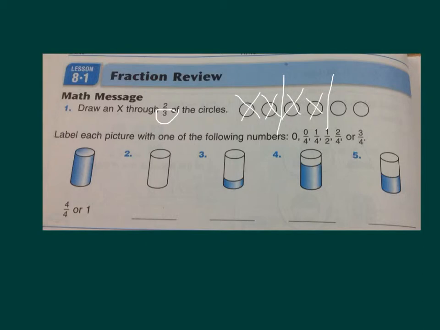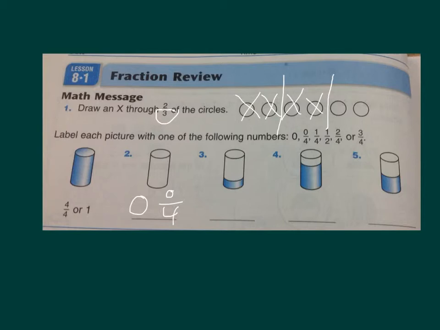Next one, it says label each picture with one of the following numbers: 0, 0/4, 1/4, 1/2, 2/4, or 3/4. 4/4 or 1 is the first example they give you. For number 2, it looks like the cylinder is empty, so that is going to be 0 or 0/4.